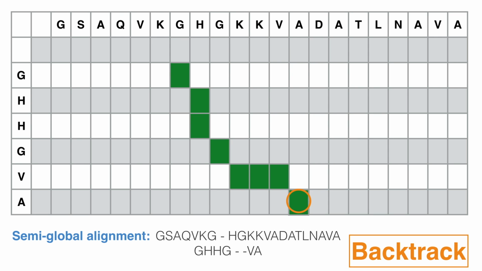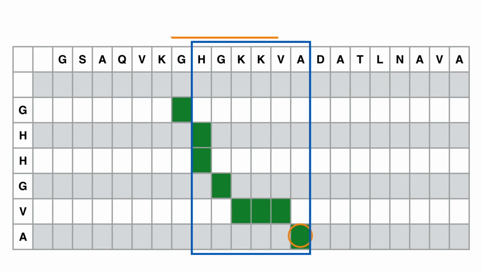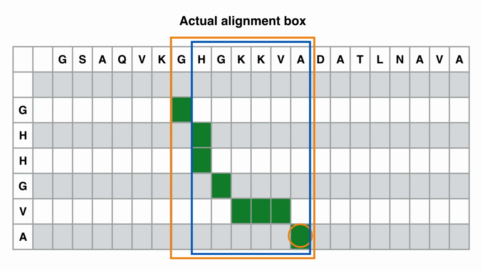The semi-global alignment constructed by backtracking the Needleman-Wunsch recursion from the position in the bottom row that holds the maximal entry consists of 5 matches and 3 gap insertions. It fits within the optimal alignment box except by 1 character.